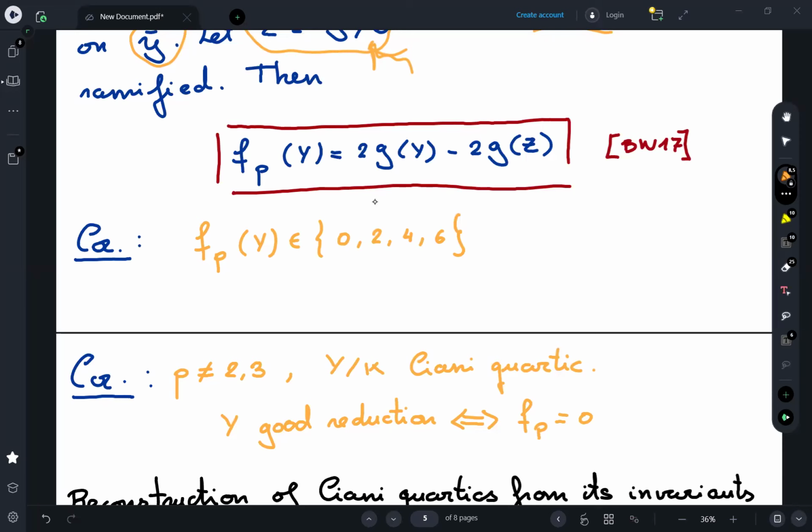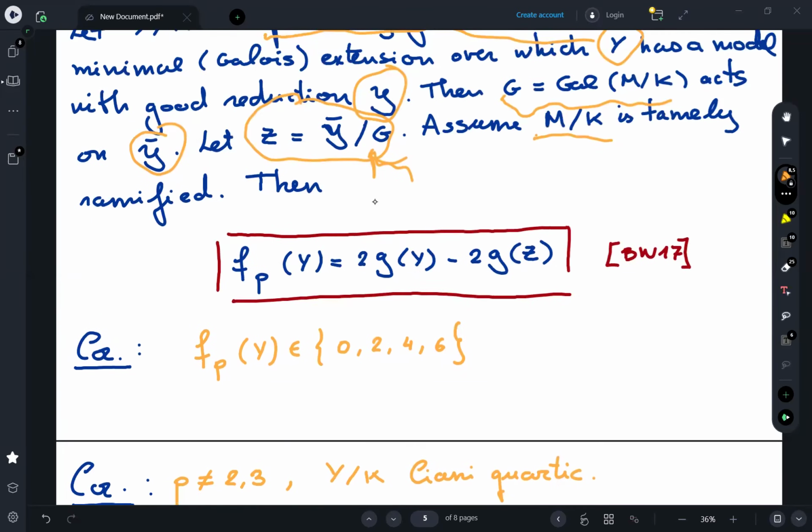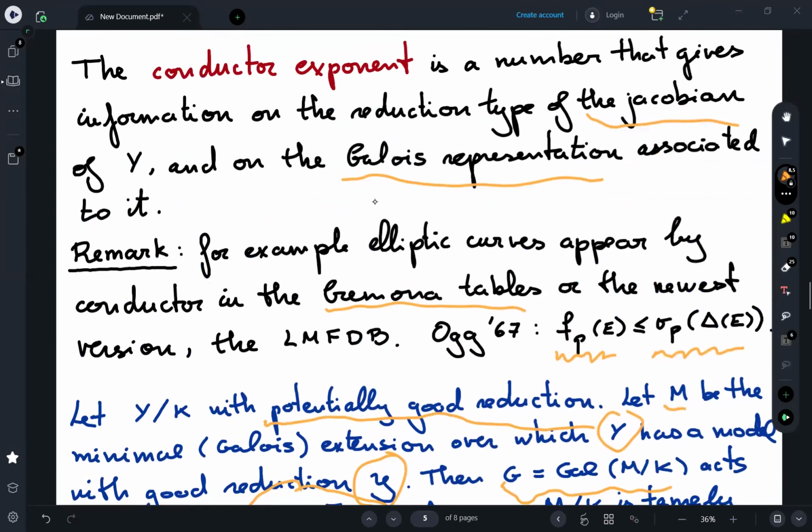One of the motivations to compute the conductor of a curve, and I come back here to the case of elliptic curves, is to produce tables or lists of curves ranked by conductor. So what we would like to do is, for instance, to be able to compute all the Ciani quartics with conductor smaller or equal than something. And how do you do that?